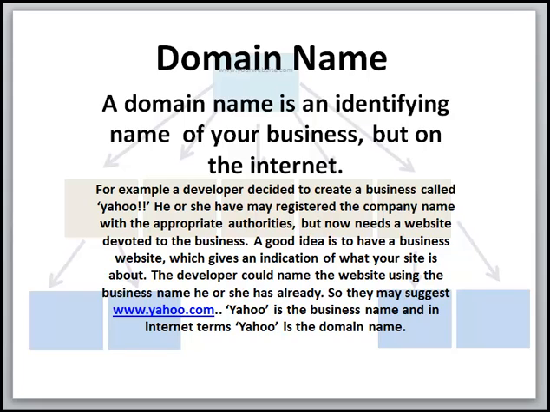So they may suggest something like www.yahoo.com. www means World Wide Web. Yahoo is the business name, and in internet terms Yahoo is the domain name, and .com is telling the public it's a commerce site where people can buy things from.